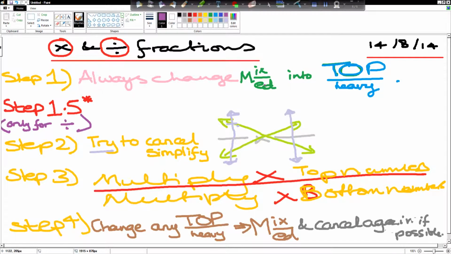So we've done step 1, always change mixed fractions into top heavy. Now step 1.5 for division only. What do we do next? We change the divide sign in the question into what?